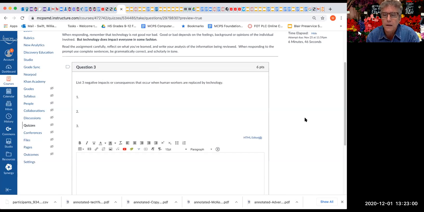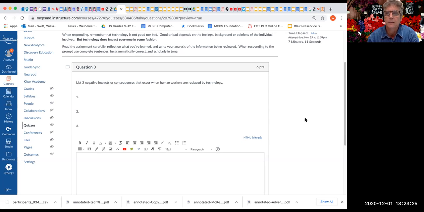So the idea that mechanizing a factory, creating a robotic assembly line, is typically going to cost the company a lot of capital. It's going to cost them a lot of money initially to put all that technology in. It's going to cost them a lot more probably than just paying their workers.